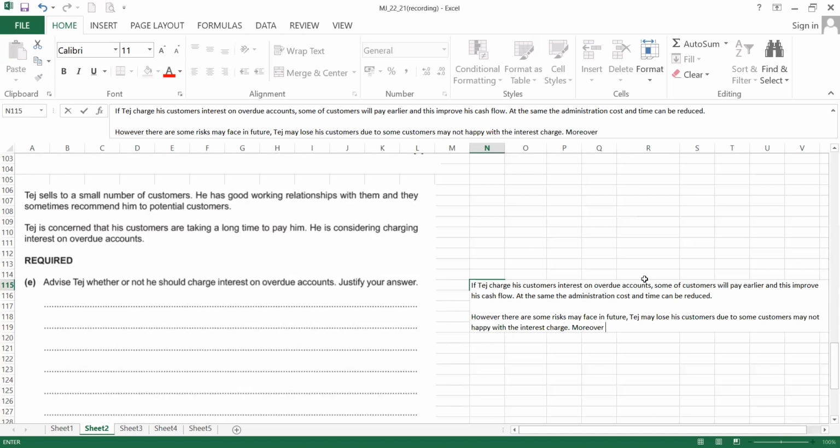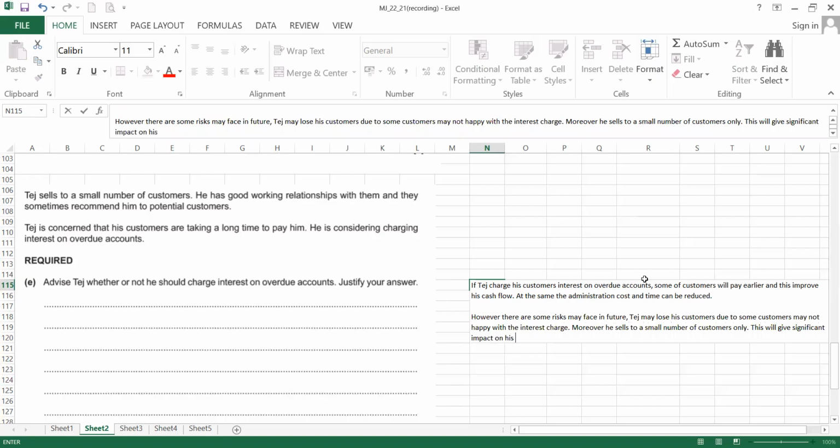Moreover, he sells to a small number of customers only. This will have a significant impact on his revenue and profit. So this is an important, serious thing since the customer base is so small. Other than that, this question basically has more disadvantage than advantage from my personal point of view.